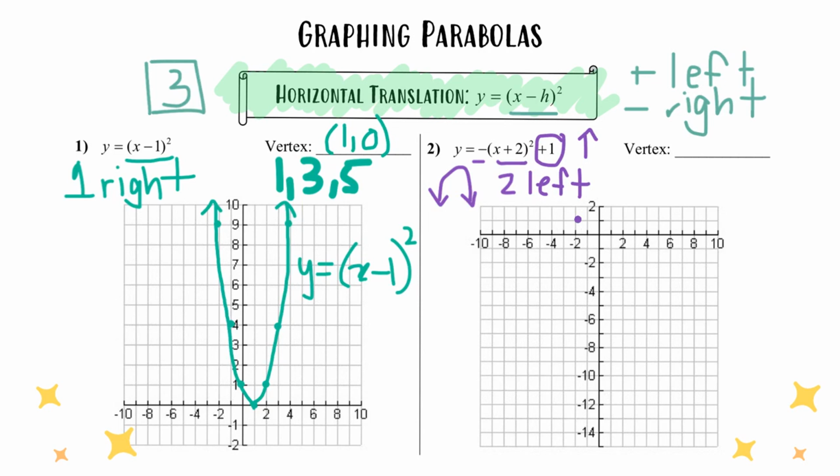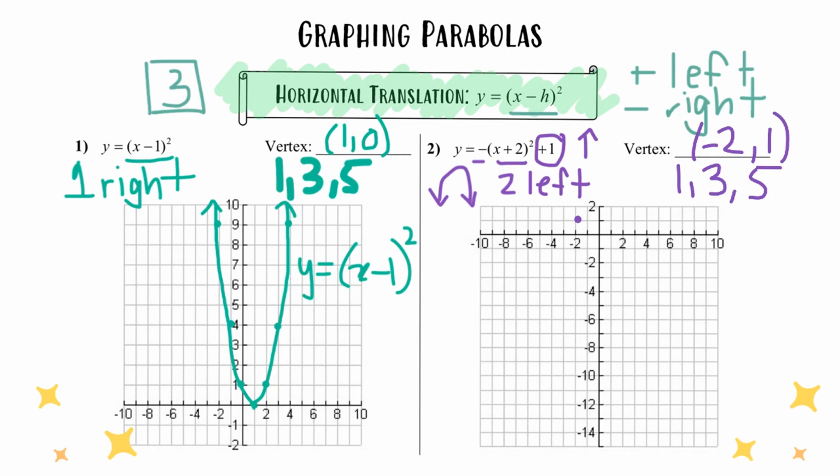And we're going to go ahead and write our vertex, which occurs at (-2, 1). We still are using our step pattern of 1, 3, and 5. Now you're going to notice I gave you a little bit of a hint because I gave you a graph where you can't possibly go up, because I know if there's a negative, it's a reflection. It has to go down.